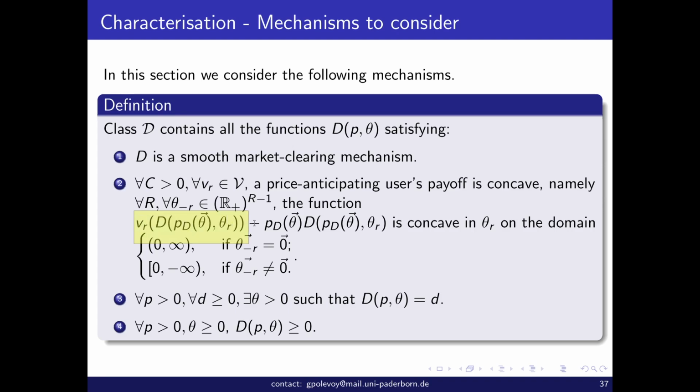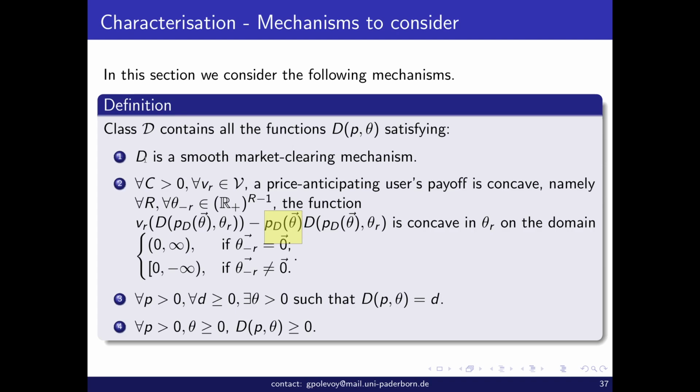So that's how much the user obtains, minus how much she pays, because we are talking about the total utility. What she pays is what she obtains times the price, which again is a function of that. That's the utility of the user, which she gets minus what she pays, and this is concave in theta r, the bid of the user.